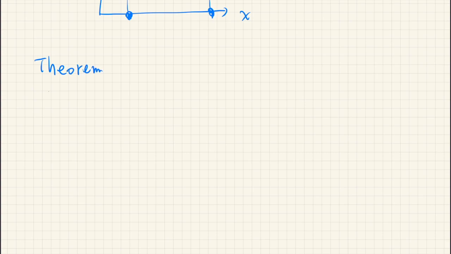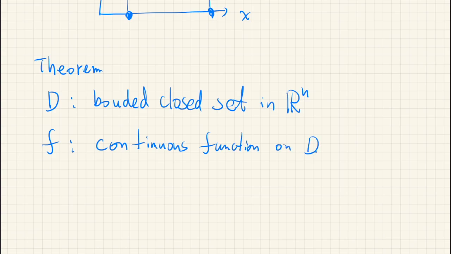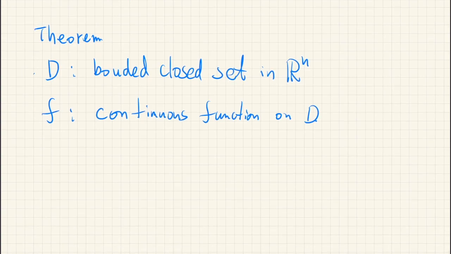First, let D be a bounded closed set in n-dimensional Euclidean space, and let f be a continuous function on this set D. We write f(x), where x is actually a vector, so it's n-dimensional and there are n variables.